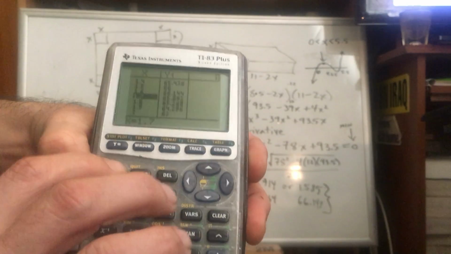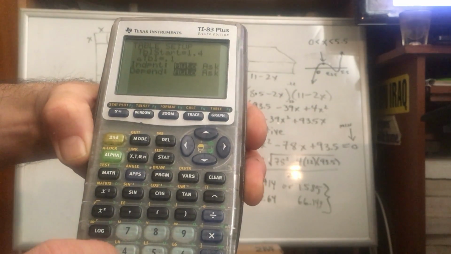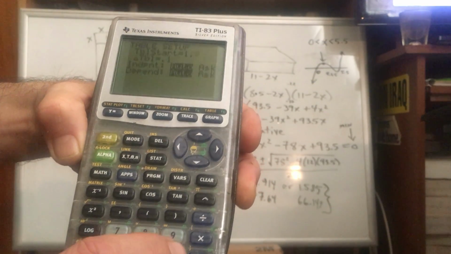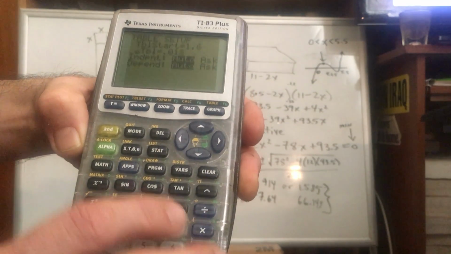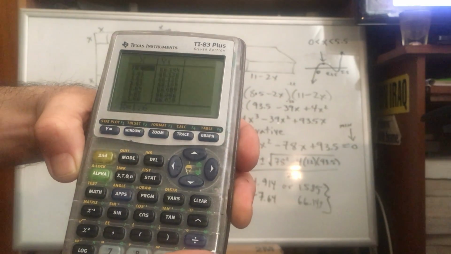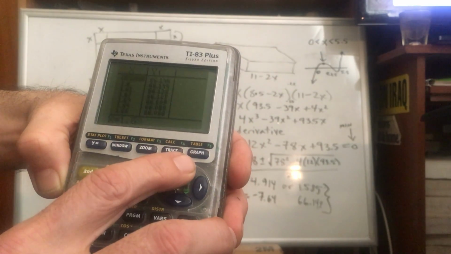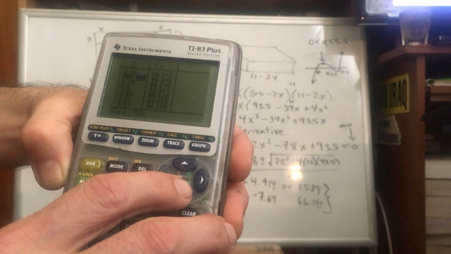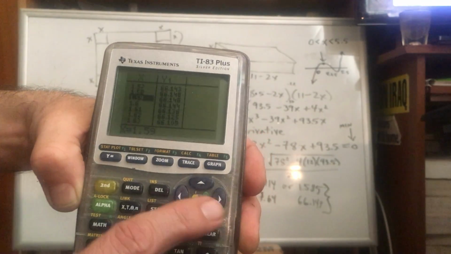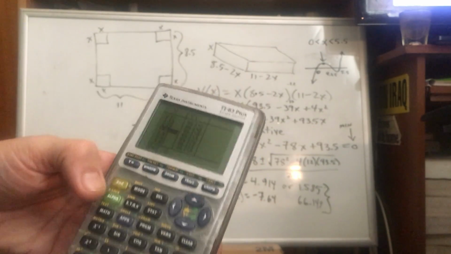And then you can do the same thing, set the table, start at 1.6, and then maybe go by 0.01. And look at that, somewhere around 1.58, 1.59. So that's one way you could do it.